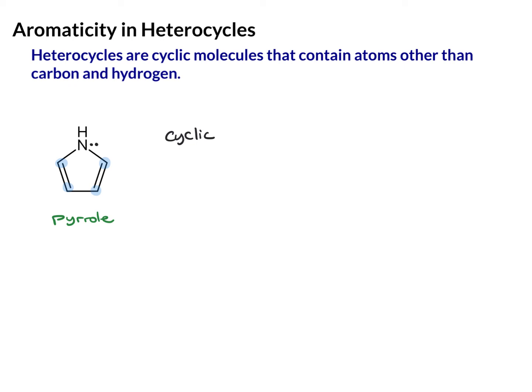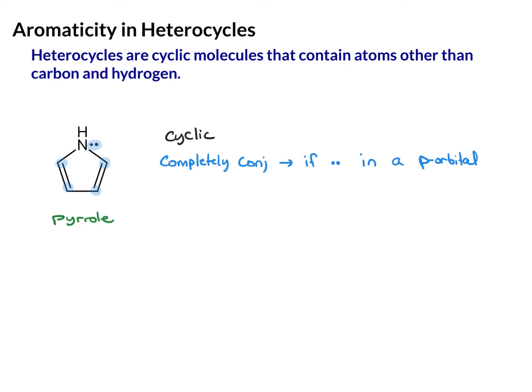And if that lone pair resides in a p orbital, it will be completely conjugated. So let's put it in and see what happens. So we'll say it is completely conjugated, if the lone pair is in a p. Basically, if putting it in a p orbital makes it aromatic, then it is. If putting it in the p orbital makes it anti-aromatic, then it won't be, and it will just be non-aromatic.